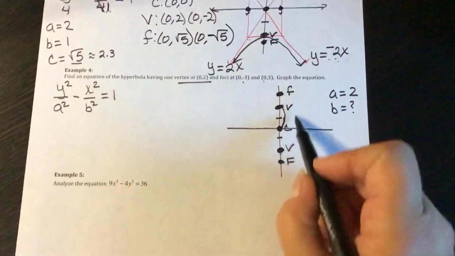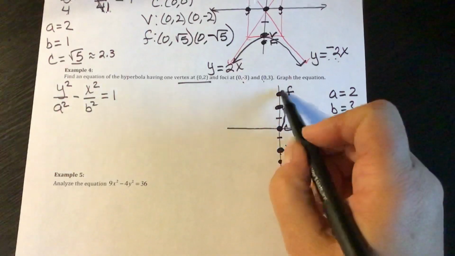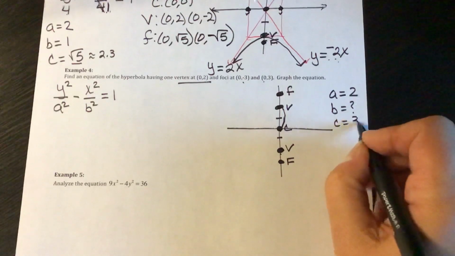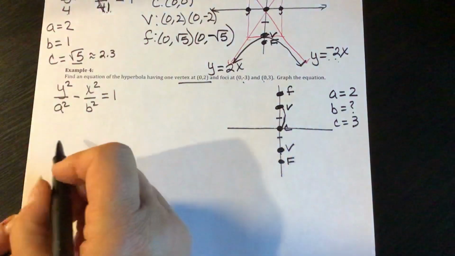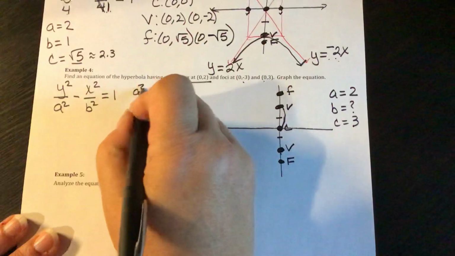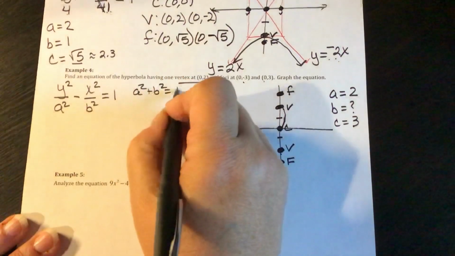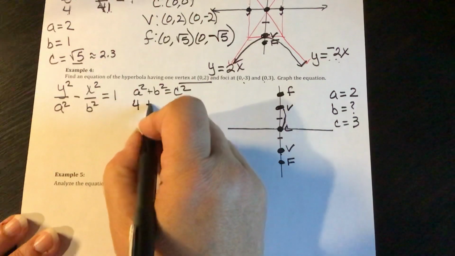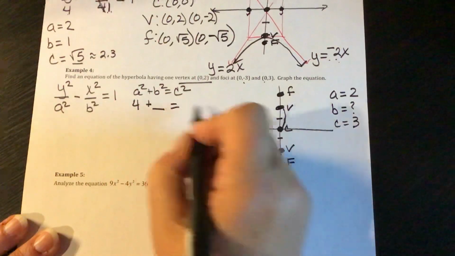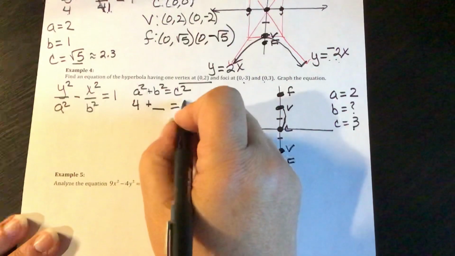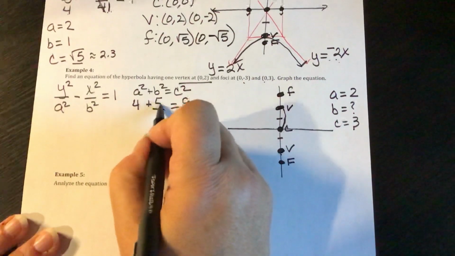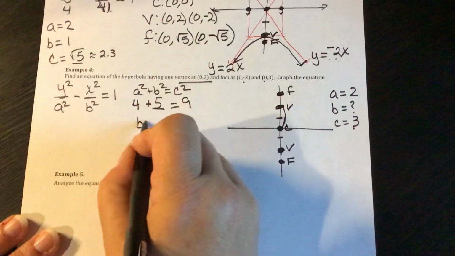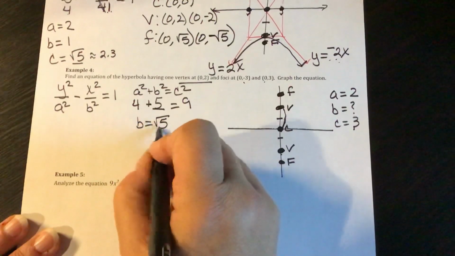And my c value is the distance from the center to the foci, and c is going to be 3. So if I use a squared plus b squared equals c squared, I'm going to have a squared is 4 plus b squared equals 3 squared is 9. So this would have to be 5. And my b value here is the square root of 5.